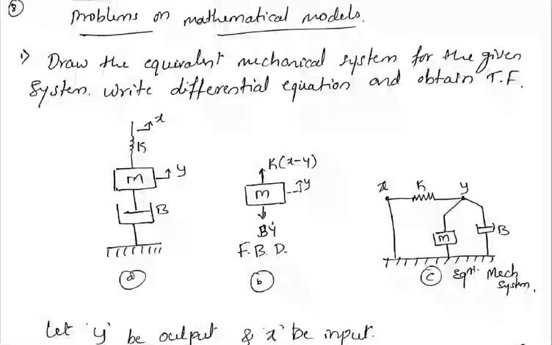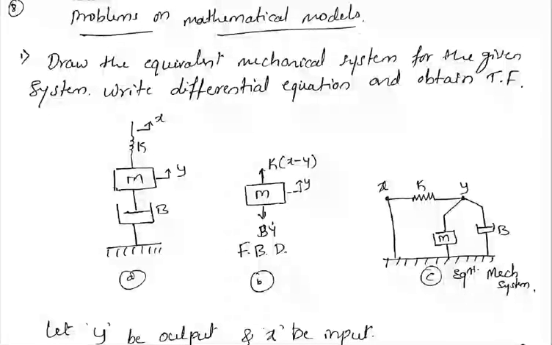So today we'll try to solve some simple examples, that is, how to make the mathematical model of the given mechanical system. So let us begin with the first problem.